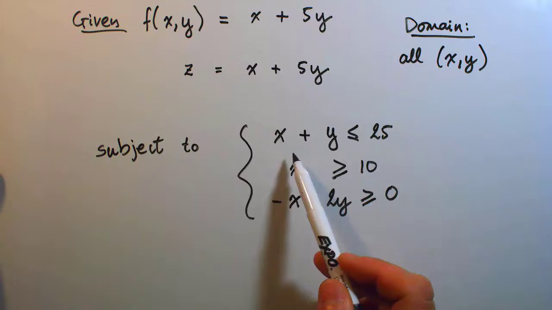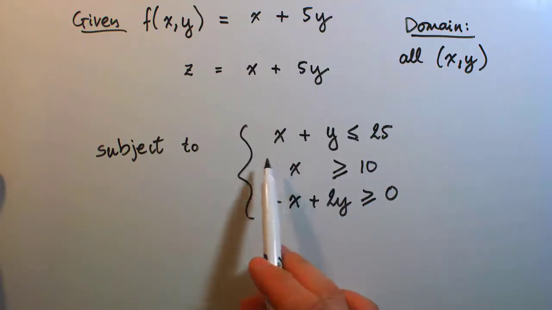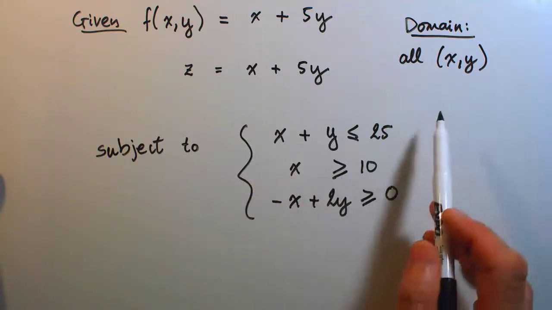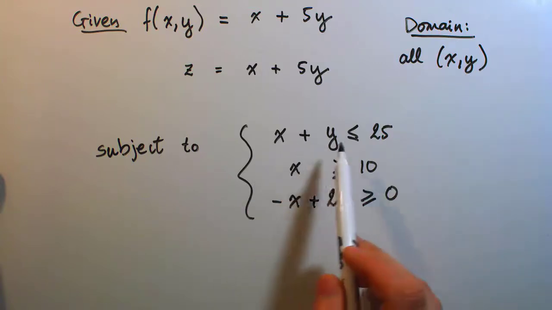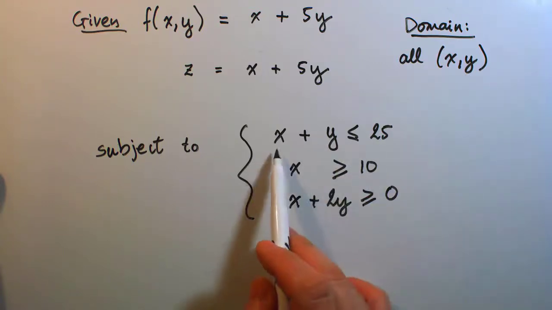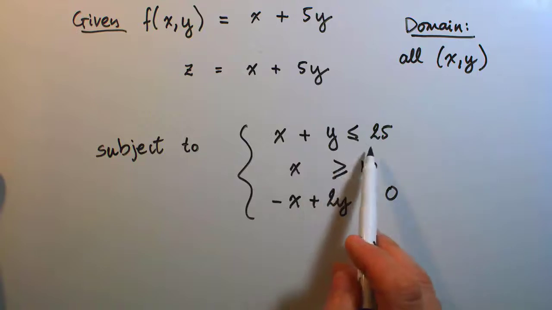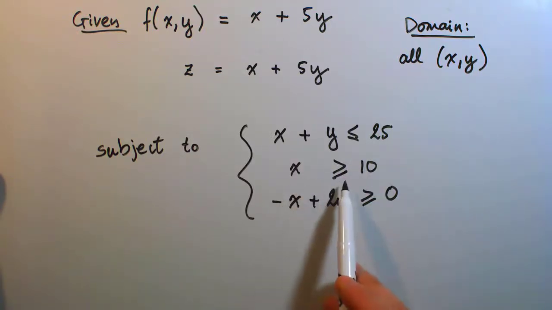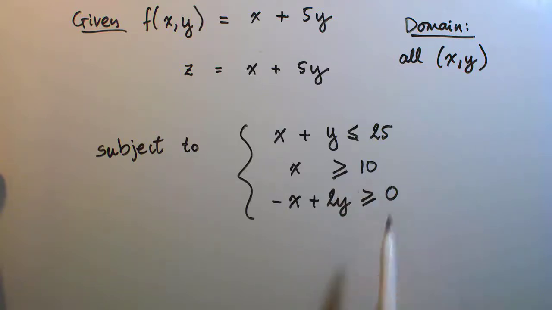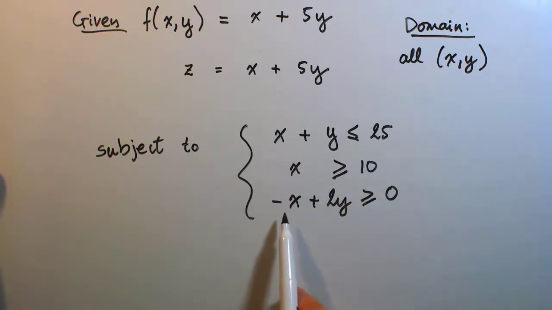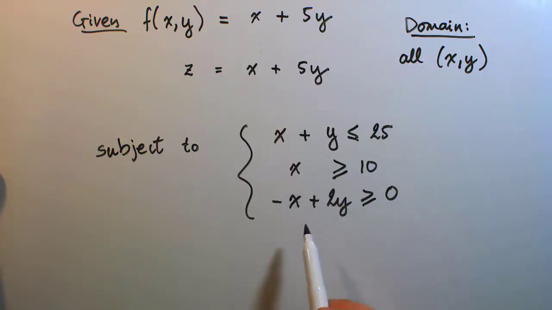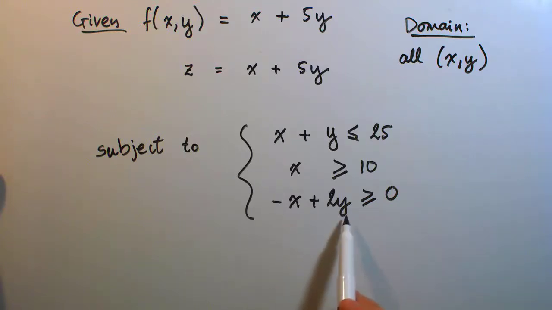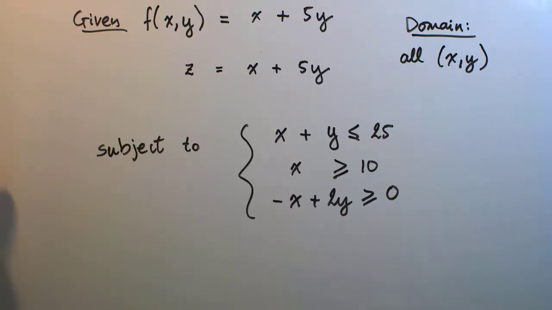So we only take those values of x and y that satisfy x plus y less than or equal to 25, and the y value we only want to be greater than or equal to 10. And simultaneously, it's also required that our xy pair of values satisfy minus x plus 2y greater than or equal to 0.